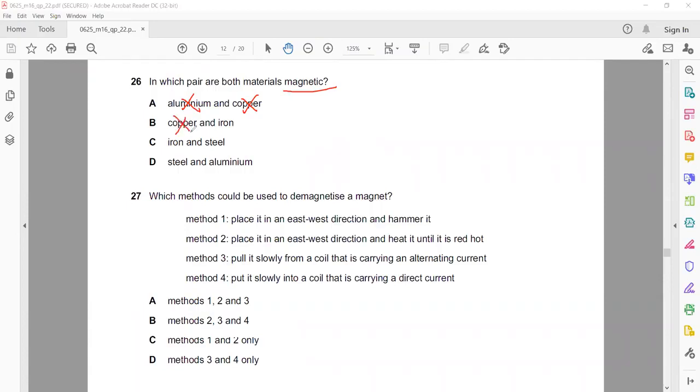Copper is not attracted by the magnet. Iron and steel are both attracted by the magnet, but aluminum is not attracted by the magnet. That's why C is the right answer for this.